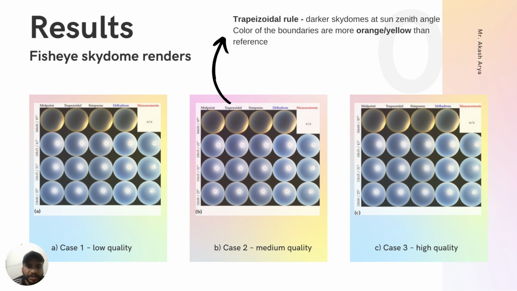The color of the boundaries is more yellow, orange and yellow, than the reference, laboratory trend, and measurement. So this is the difference. These are darker than the measurements or reference, like the other two, right?